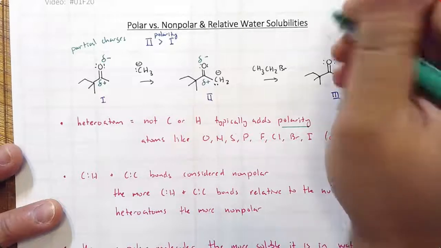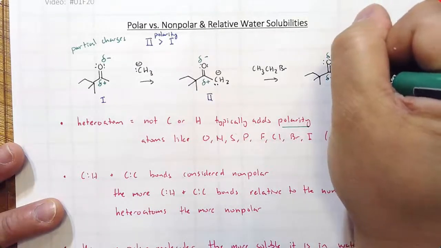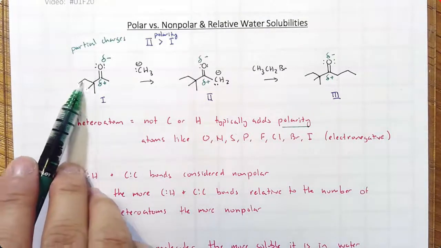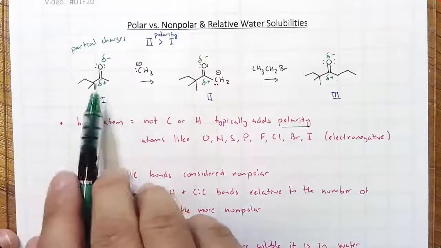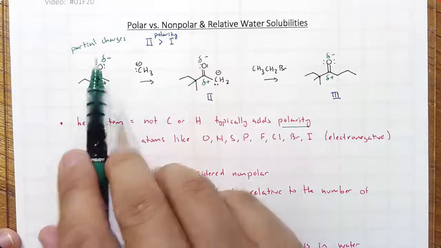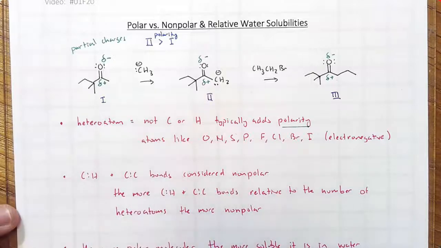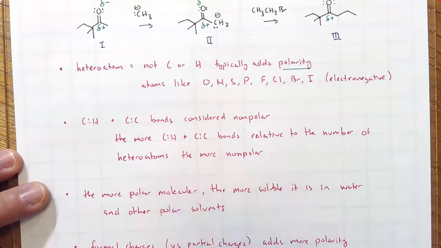So in this case, we still have our bond dipole. Okay. You notice that I'm not putting any partial charges on the carbon that's involved in carbon-carbon bonds, right? This partial positive is because of this partial negative oxygen. Because again, we're going to consider all carbon-hydrogen and carbon-carbon bonds nonpolar.